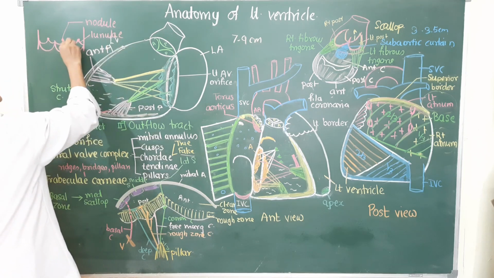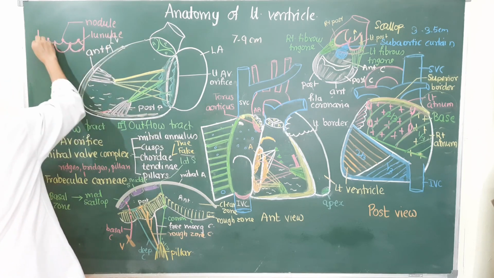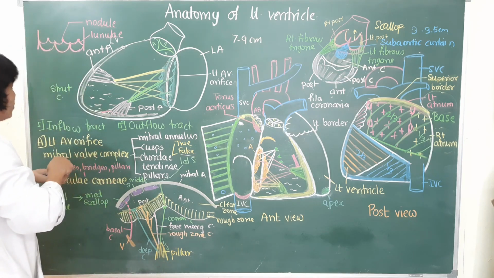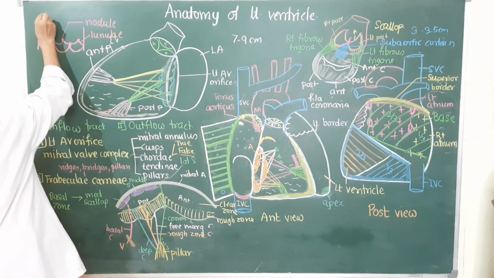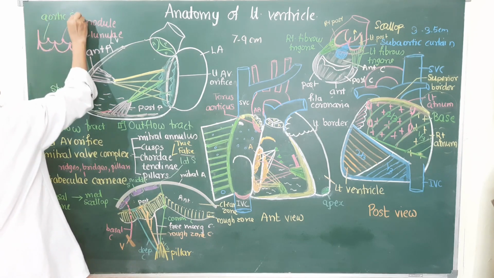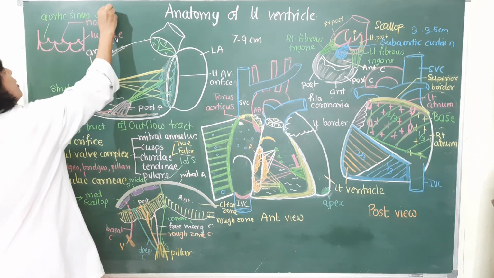At the attachment of the cusp to the wall of the aorta, there is a dilatation called the aortic sinus of Valsalva.